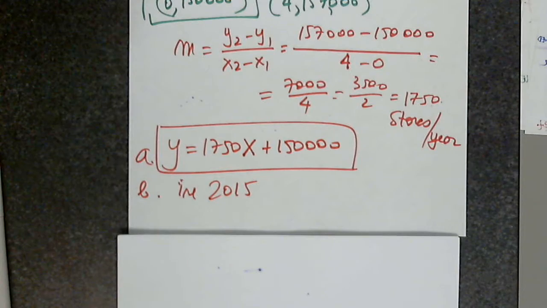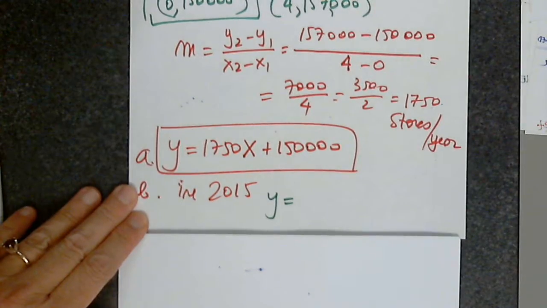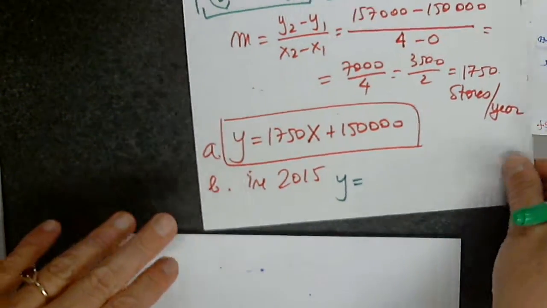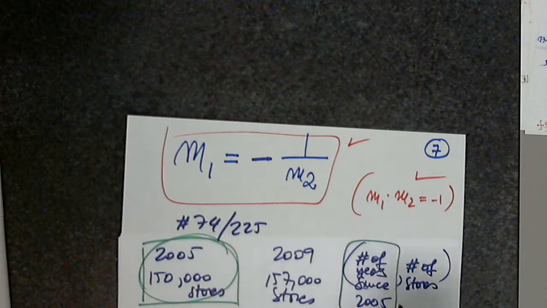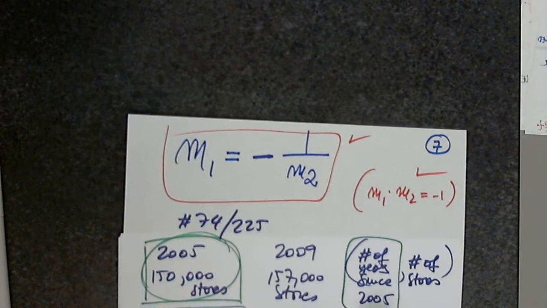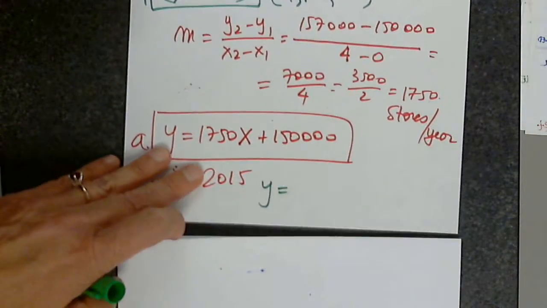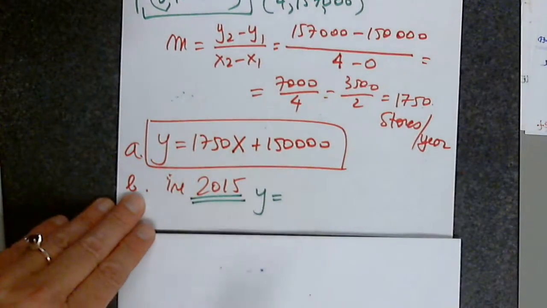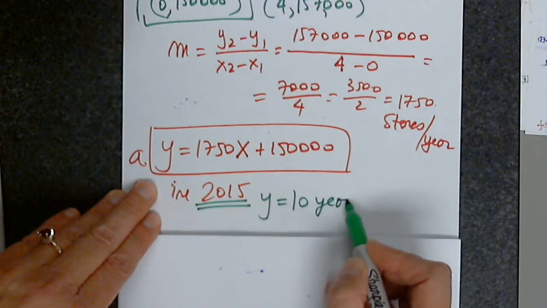Make y equal to 2015? I cannot do that. The x coordinate is the number of years. I have to be consistent, the number of years since 2005. So then this 2015 represents 10 years.